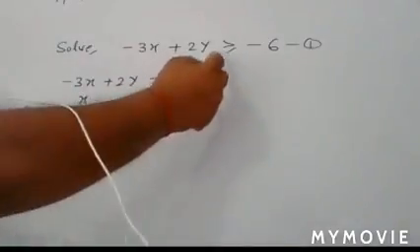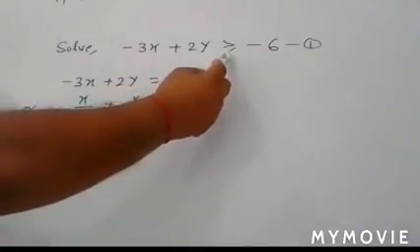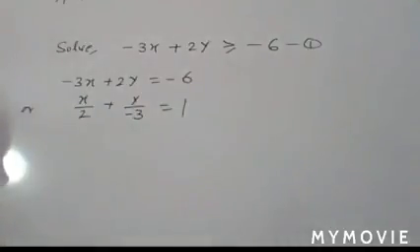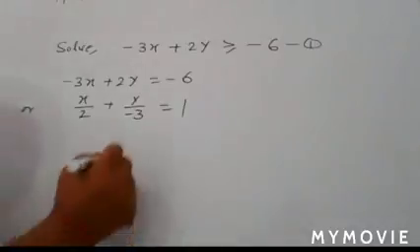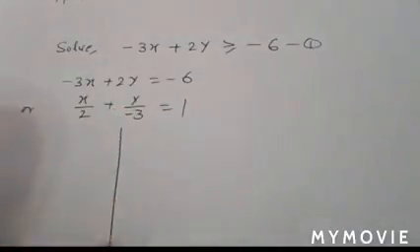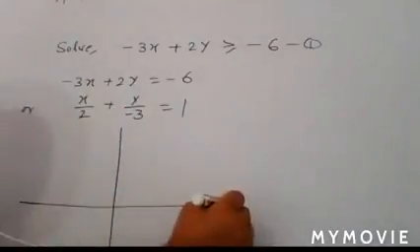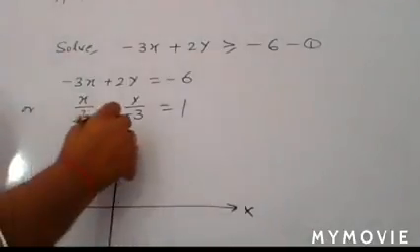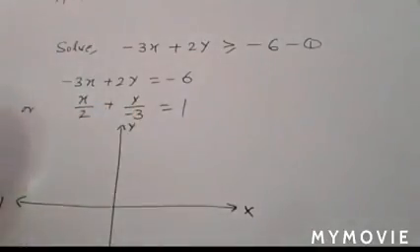And here you see that you have the equal to sign also, greater or equal to. So you have to draw a bold line, not dotted. Draw the x-axis, x dash, and the y-axis, y dash.